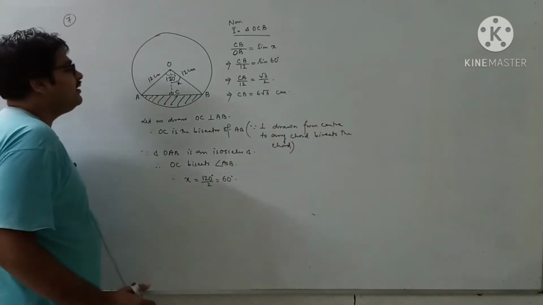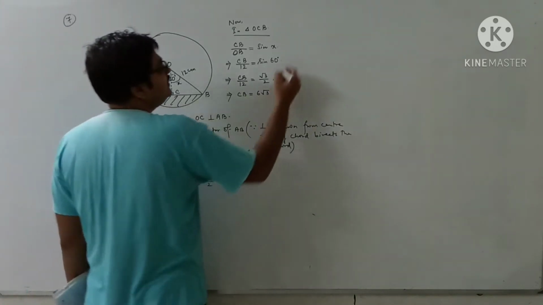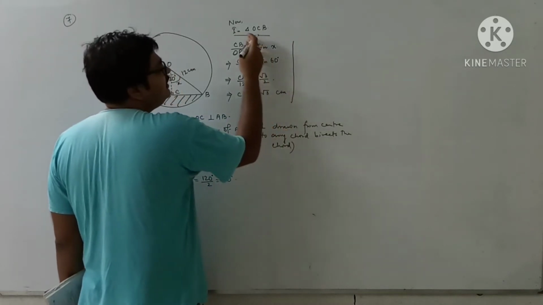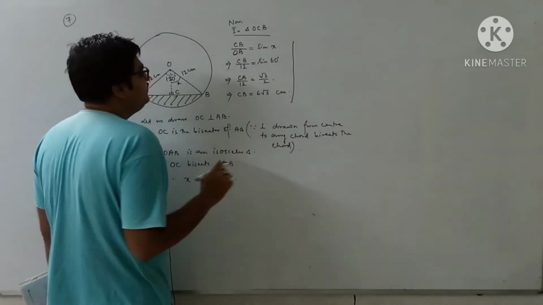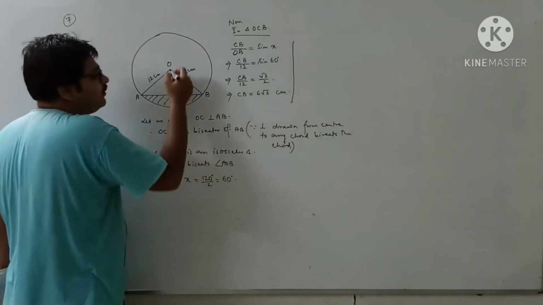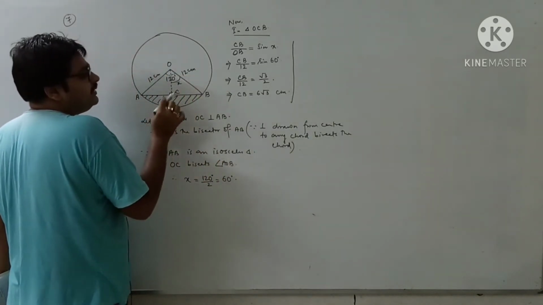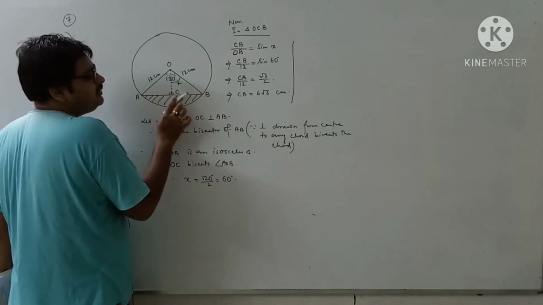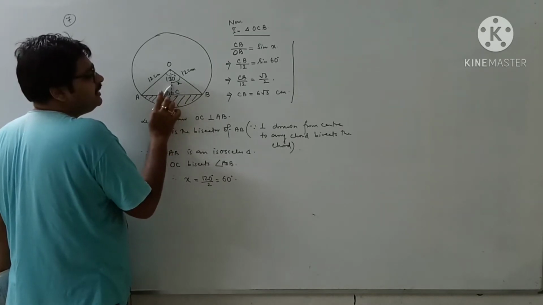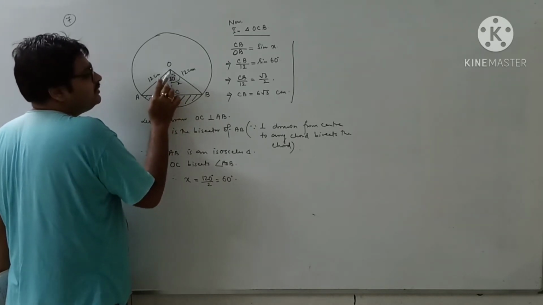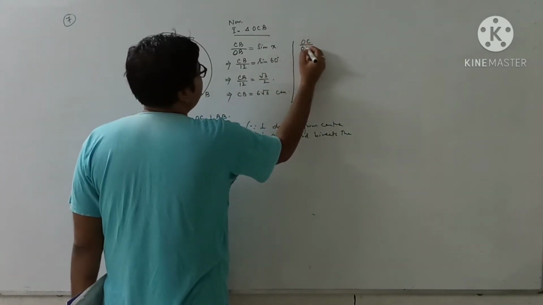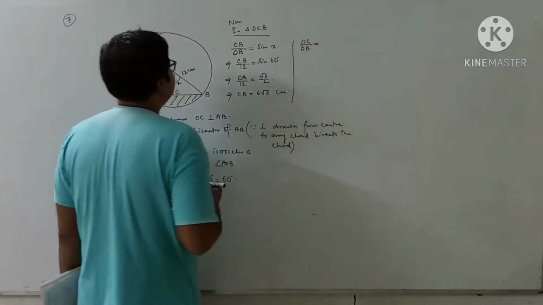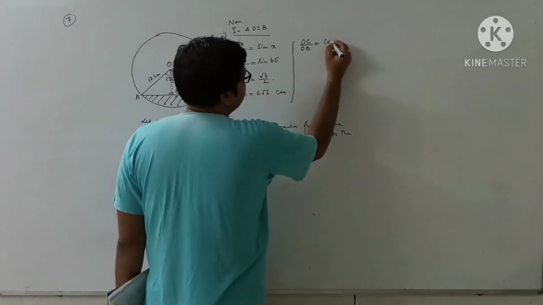Now we would like to find out the length of OC. Same triangle, we will take OCB triangle only, so I have not written triangle OCB again. Now what you do? OC by OB. This is the angle I have chosen. Opposite to that, this is the perpendicular. So this will be the base. So base by hypotenuse we are doing. OC by OB, that's cos x.